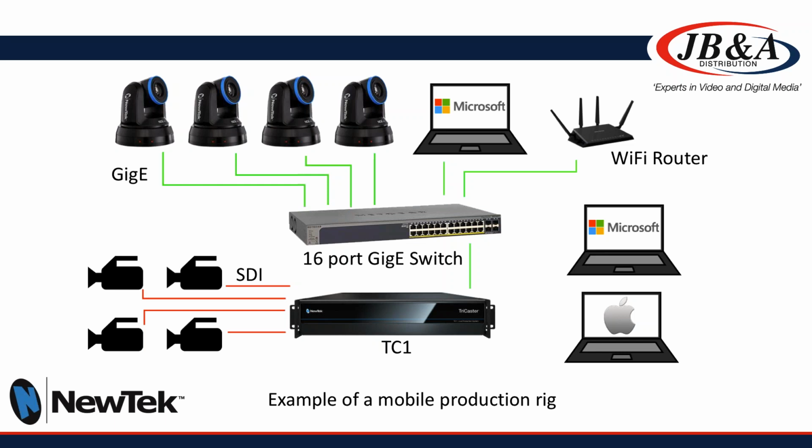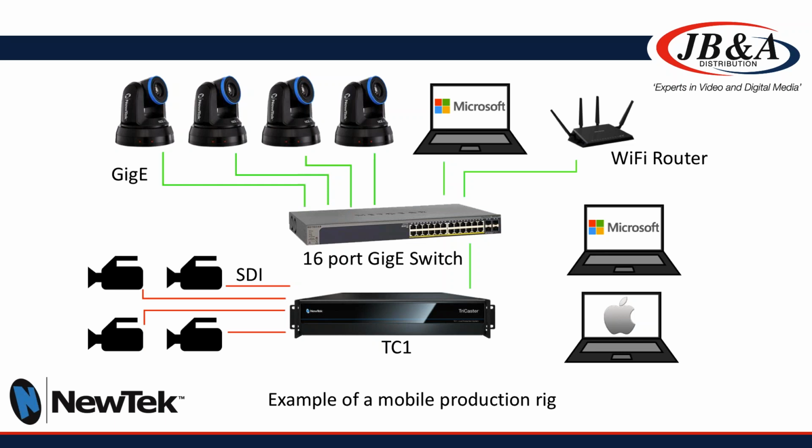So just in this simple production rig, I now can expand way beyond what I used to be able to do, which used to require converters and a lot more hardware.